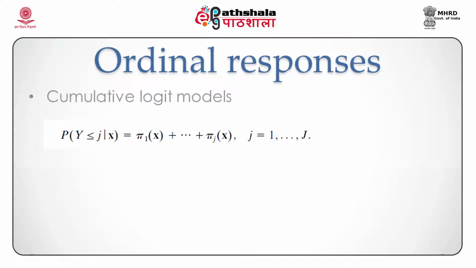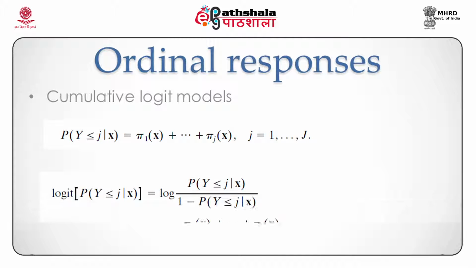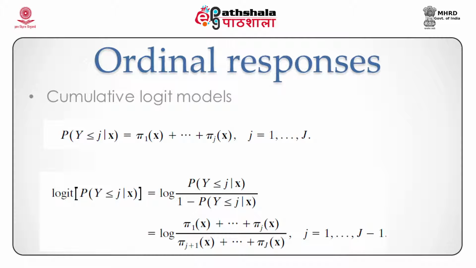Probability y less than or equal to j given x equal to pi_1(x) up to pi_j(x) for j equal to 1 to capital J, and then the cumulative logit is given by logit of probability y less than or equal to j given x is log of probability y less than or equal to j given x by 1 minus probability y less than or equal to j given x, which can be written in terms of the pi's as log of pi_1(x) up to pi_j(x) divided by pi_{j+1}(x) up to pi_J(x).